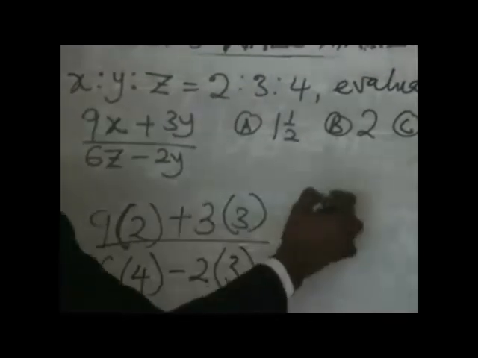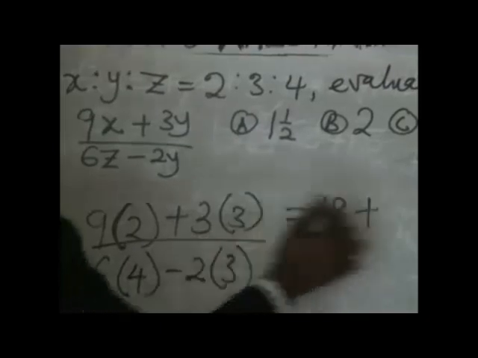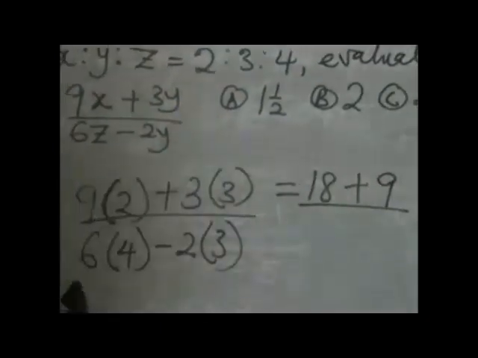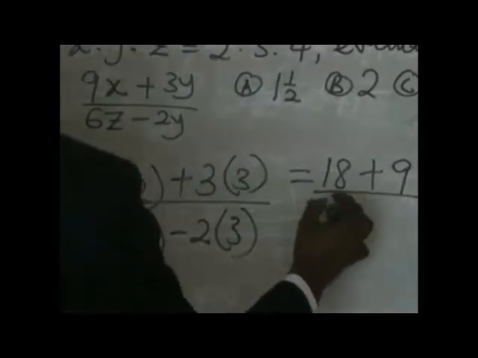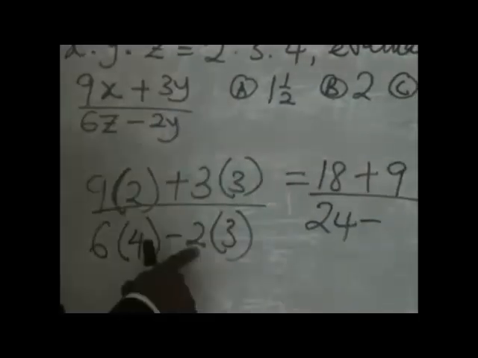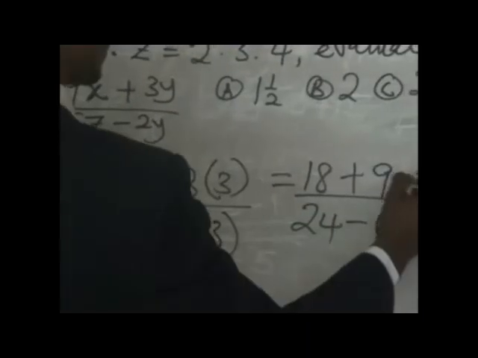So this becomes 9 times 2, which gives you 18. 3 times 3 gives you 9, over 6 times 4, which gives you 24, minus 2 times 3, which gives you 6.